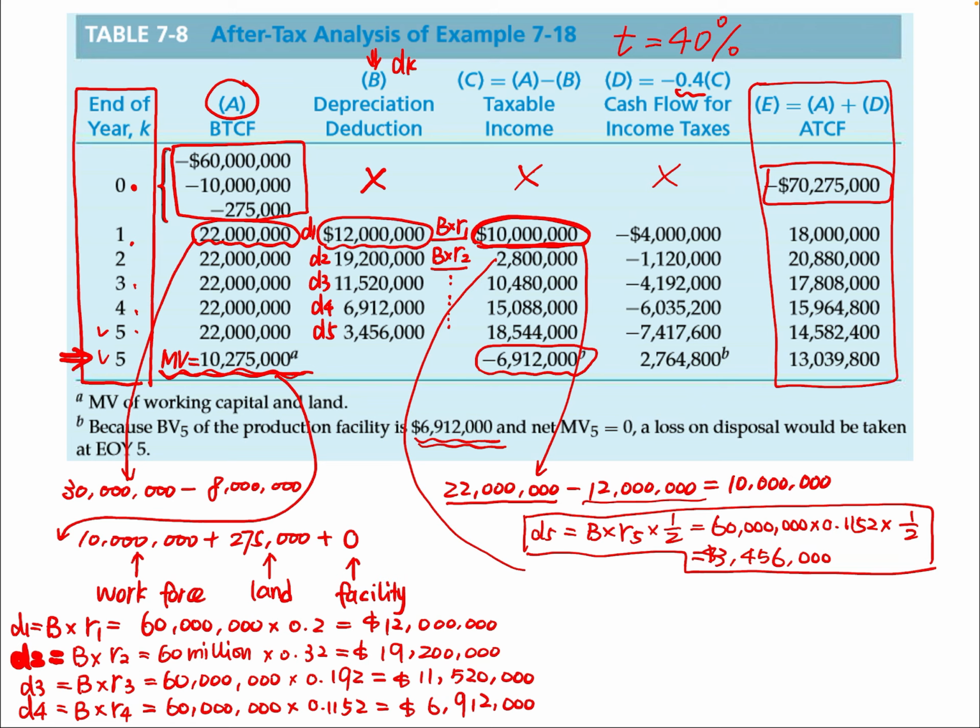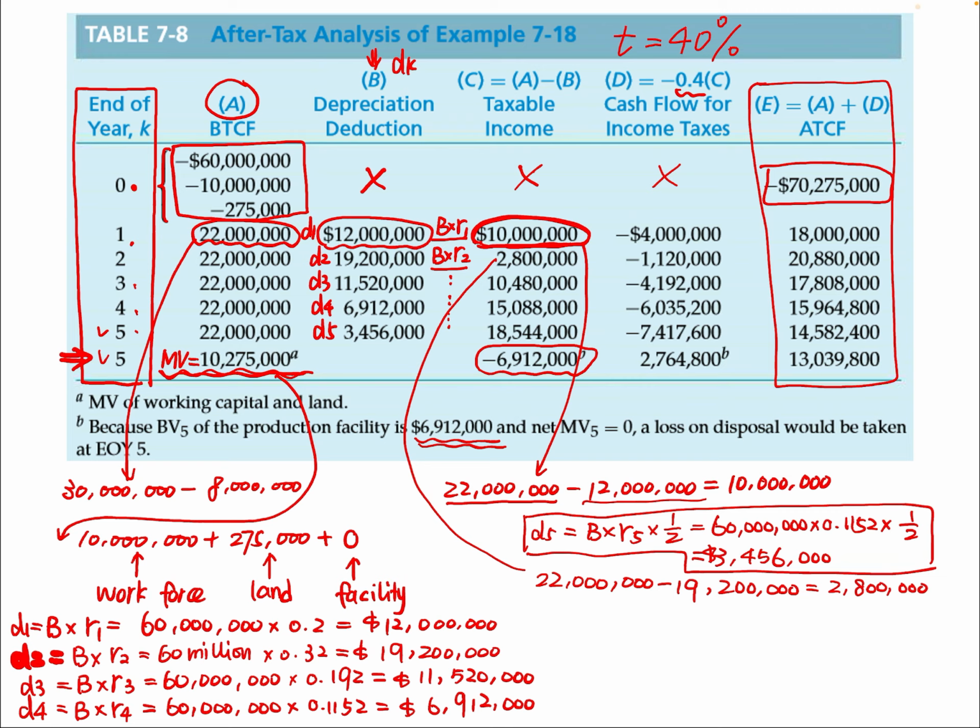Okay, and then you can also calculate the second one. Why do you have 2,800,000? That is 22 million minus 19,200,000. Okay, then you can get 2,800,000.